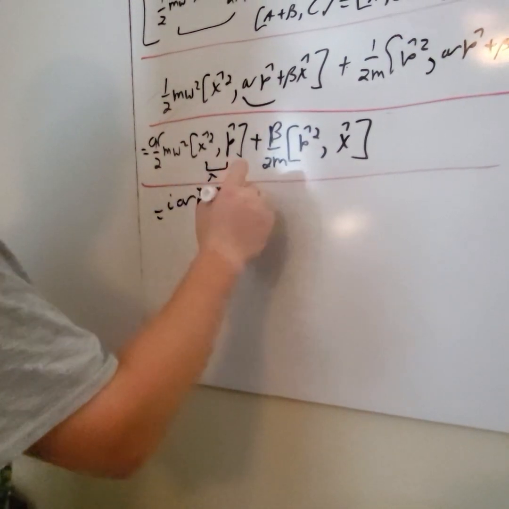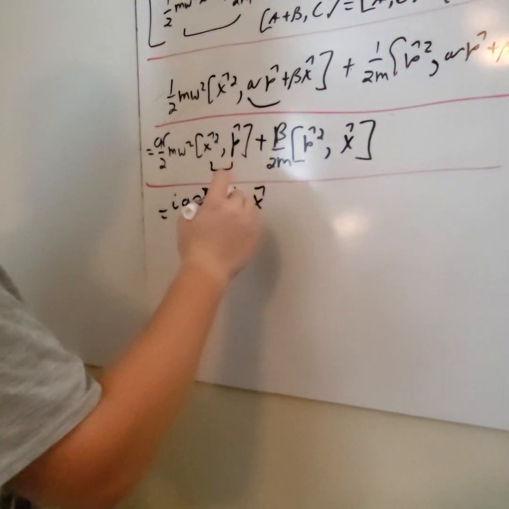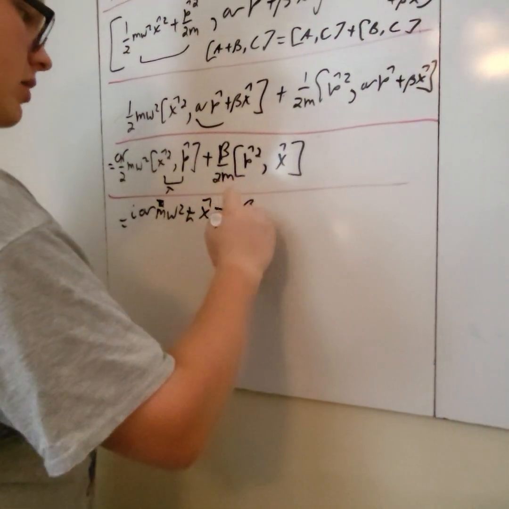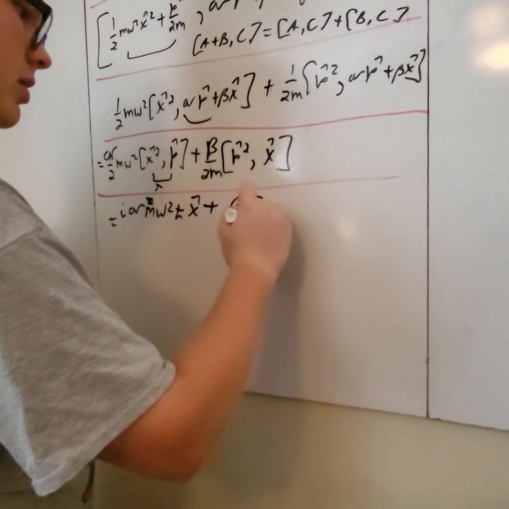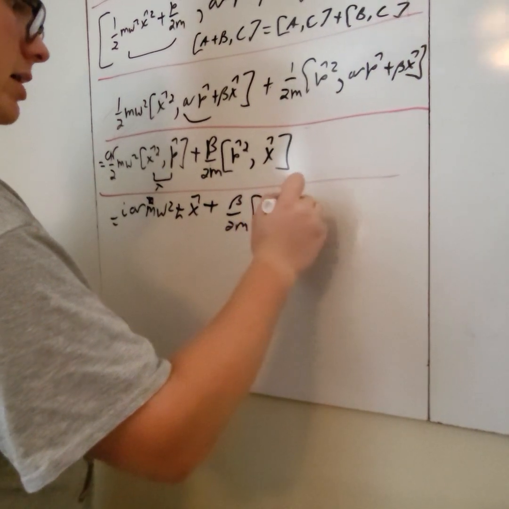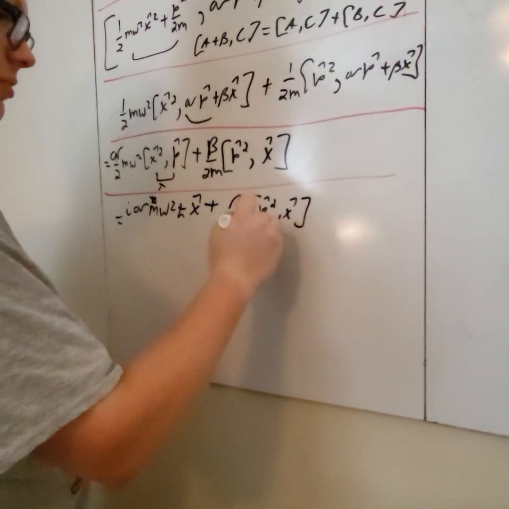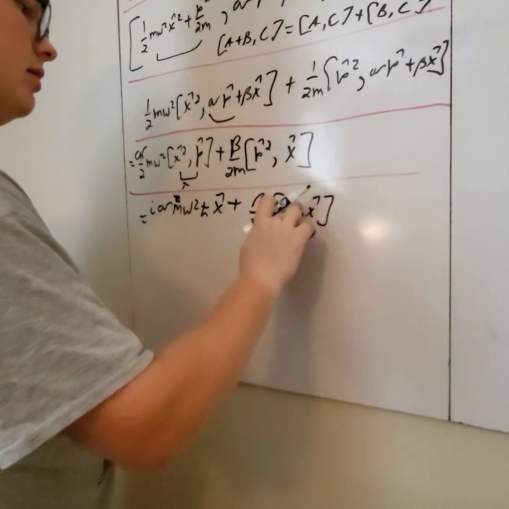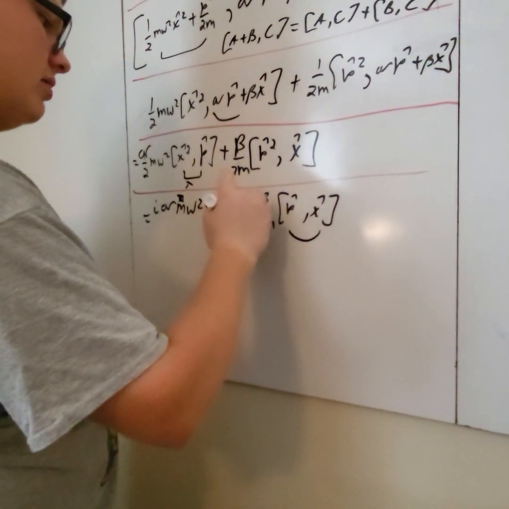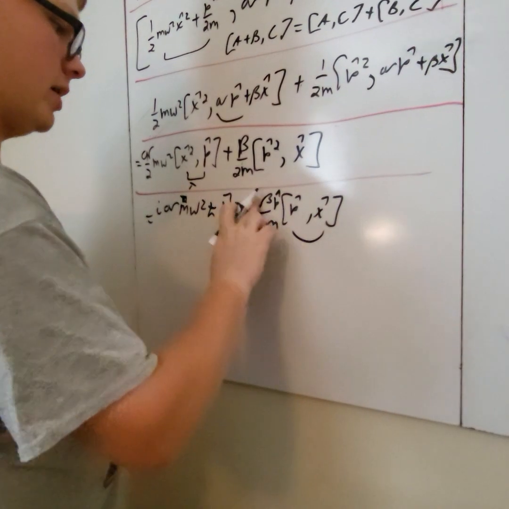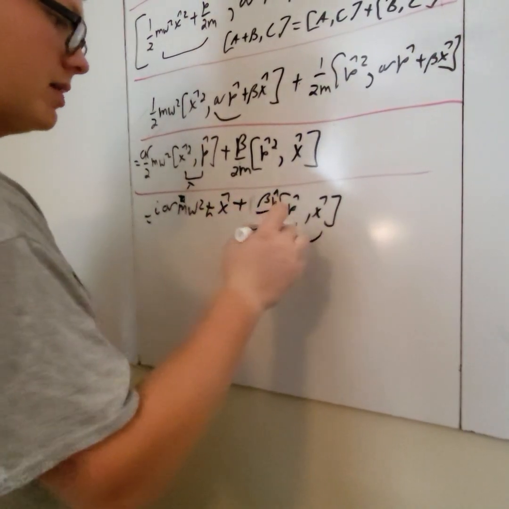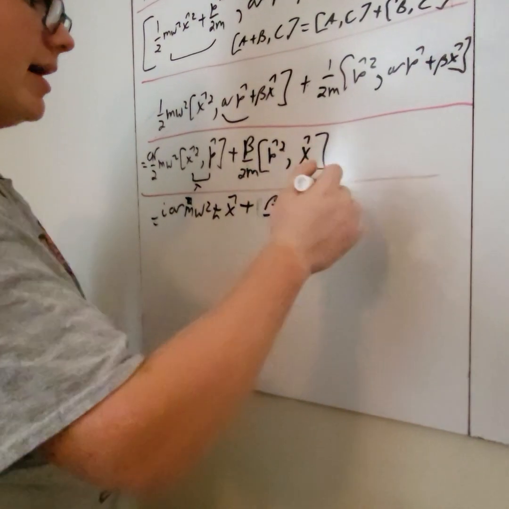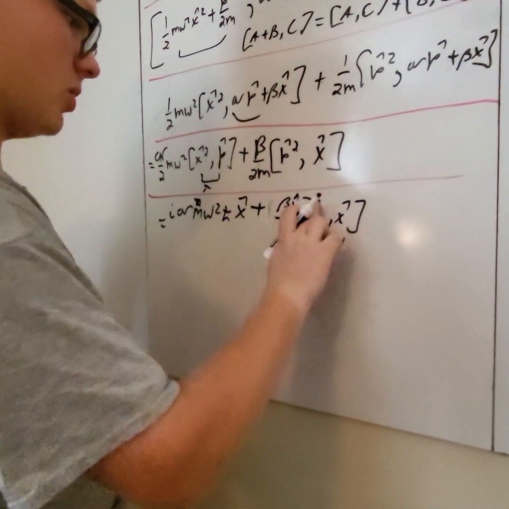That's a little ugly. Plus beta over 2m. Similarly, you're going to get a similar thing with this p squared and x. I'm just going to get p times the momentum operator. The 2 is going to cancel out there. And that's actually the opposite of x and p. It's p and x, so it's actually negative iħ.